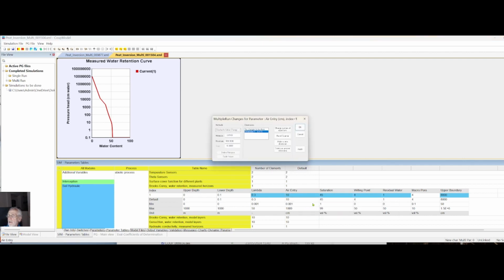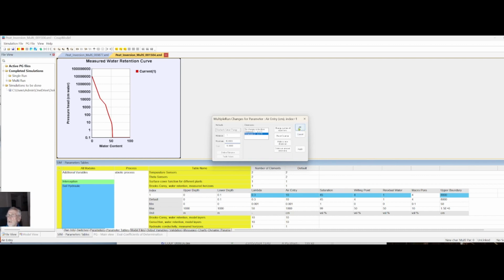And now I also would like to do it, I could put it into dimension 2. But I would like to create a new dimension. So now we have not only dimension 1, we have also dimension 2. And then I put this air entry in this dimension 2, and I can select a value from, for instance, 1 to, it suggests a range here that is very wide, but we can take a range from 1 to 10.